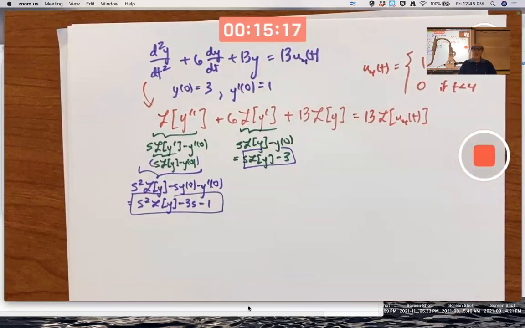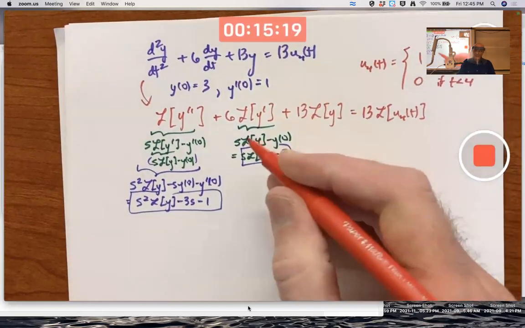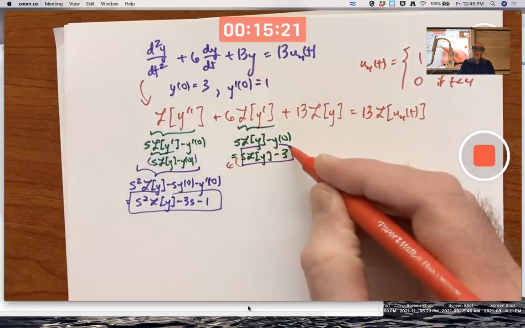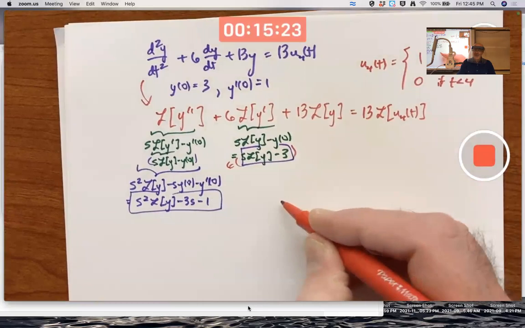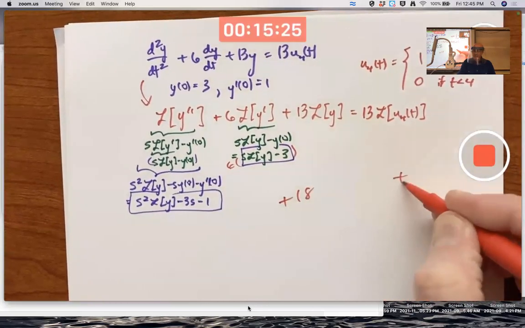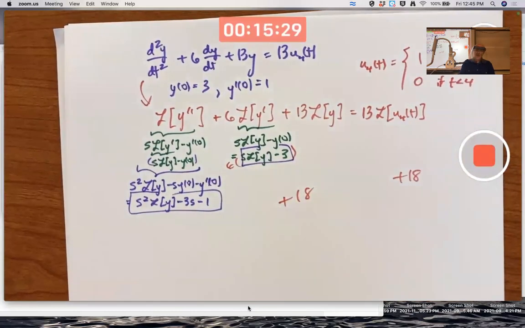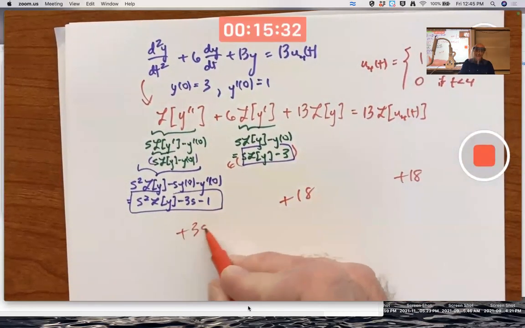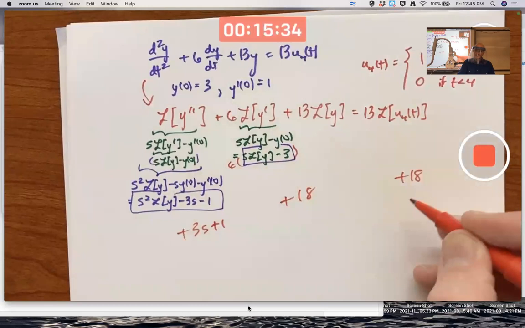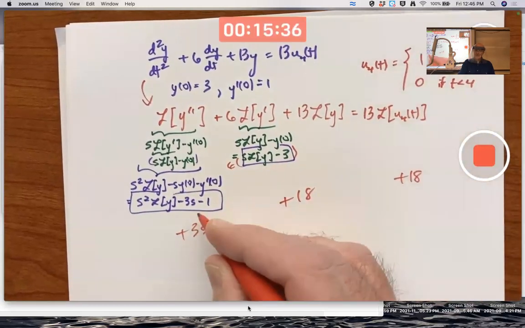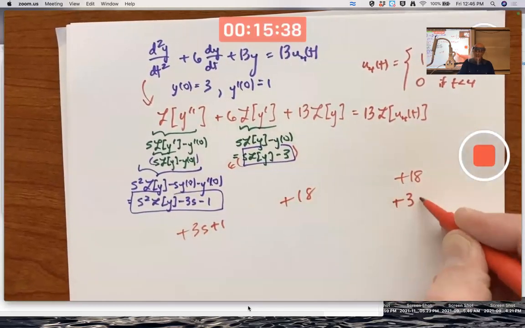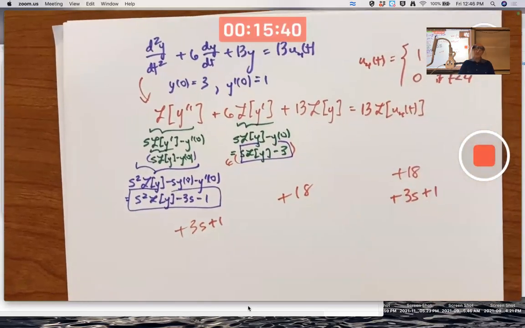Don't forget about multiplying by 6 here. You would want to add 18 to both sides, 6 times 3. You'd also want to add 3s and 1 to both sides. They cancel the minus 3s minus 1 there. So in the end, you're adding 3s plus 19 to both sides.